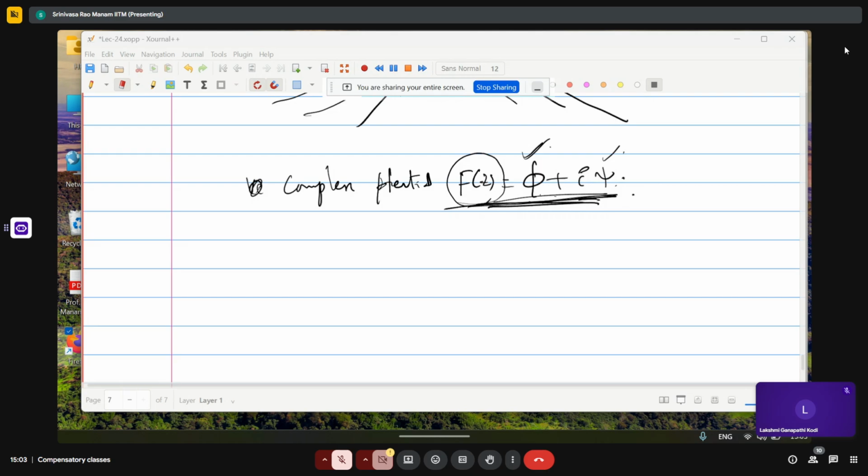Again, doublet plus uniform plus rotation, that vortex flow, if you consider, as we have just seen, is where we will try to do this with the complex potential function. We will get the lift force actually non-zero.